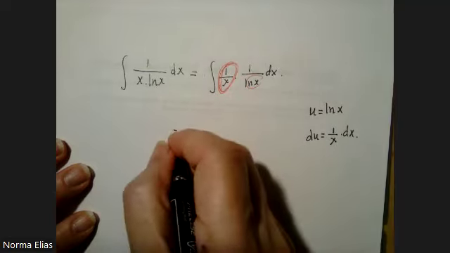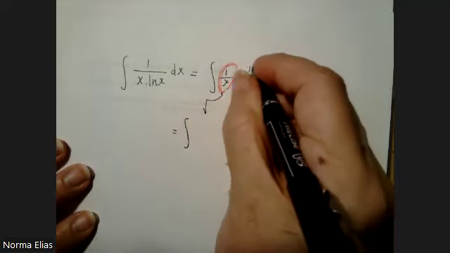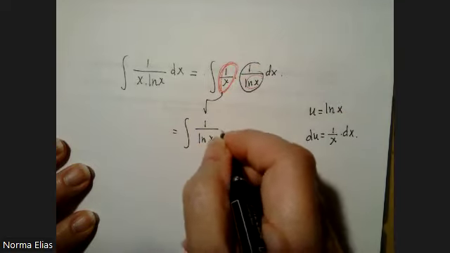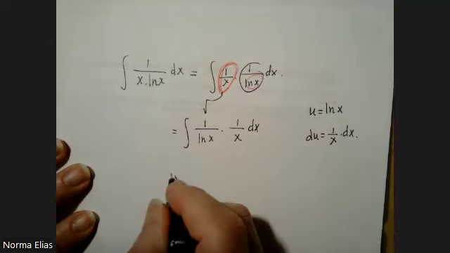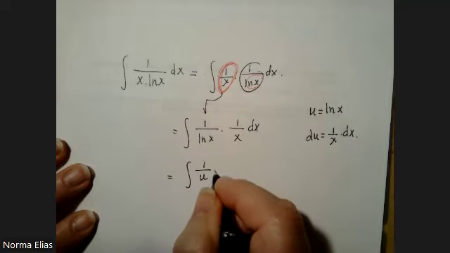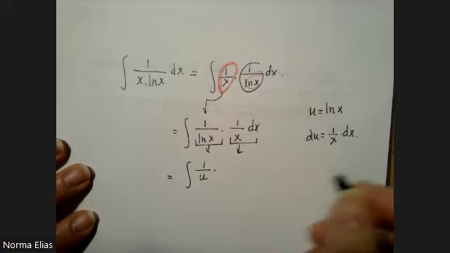Now we can proceed. I'm going to rewrite it so it will fit the du, because I know my du. And now this will be the 1 over u for this piece, and that piece is the du.